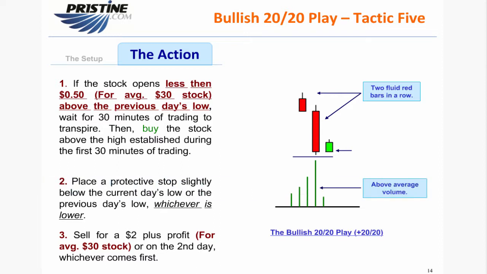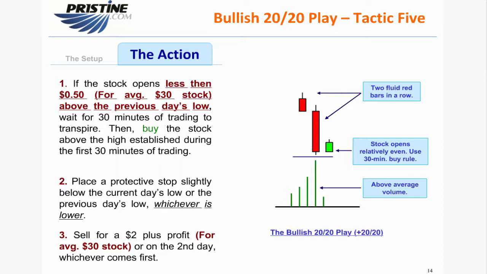So in this case, what you're going to do is wait the first 30 minutes of the day to see who's taking control, the bulls or the bears. And then you set an entry above the high of that 30-minute candle, right? Above the 30-minute base, assuming it is in fact a base. Bottom line, you're going to look to buy above the high of the first 30 minutes of the day.